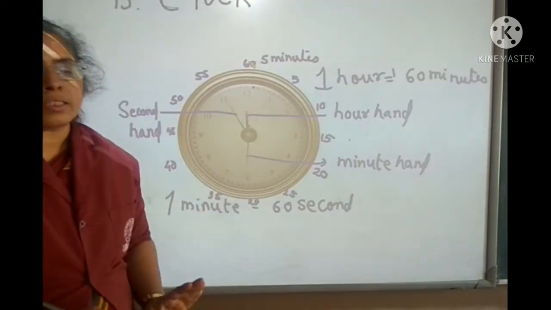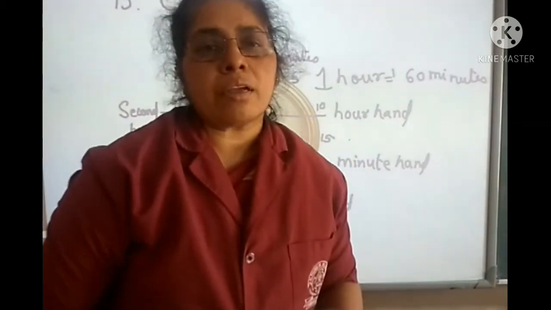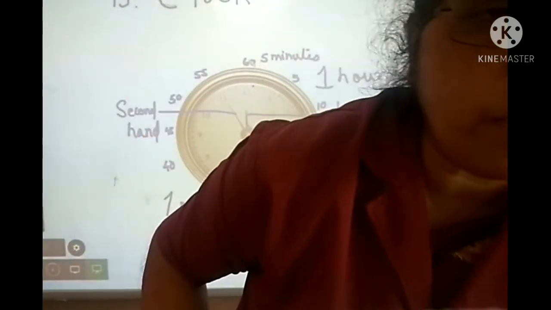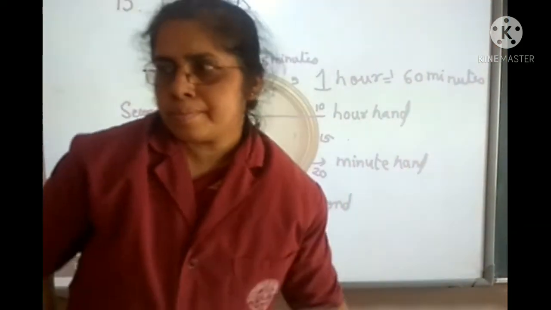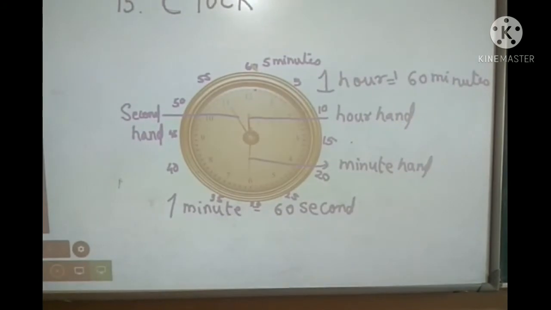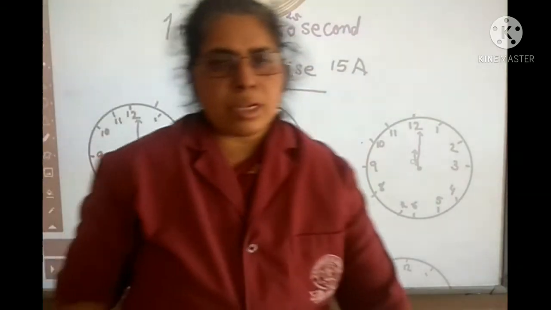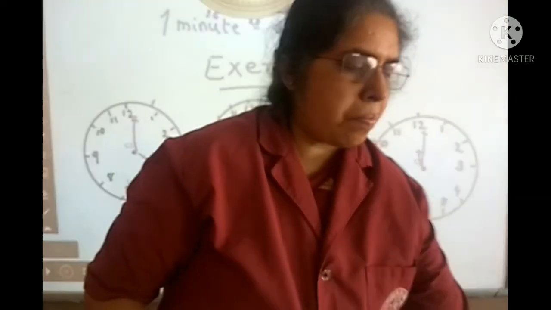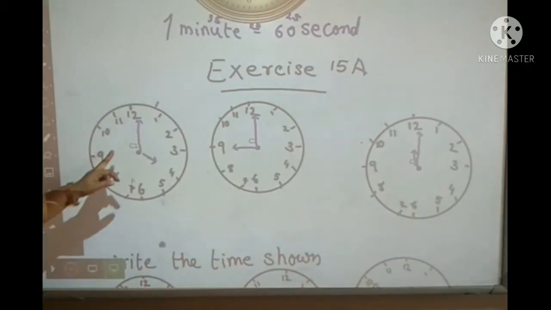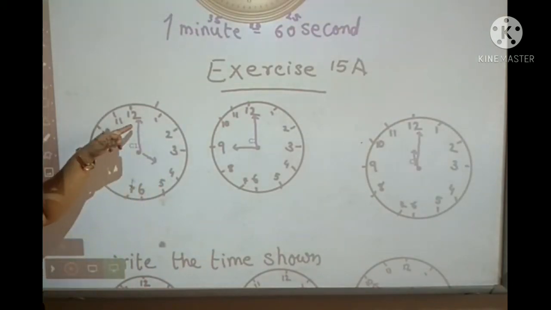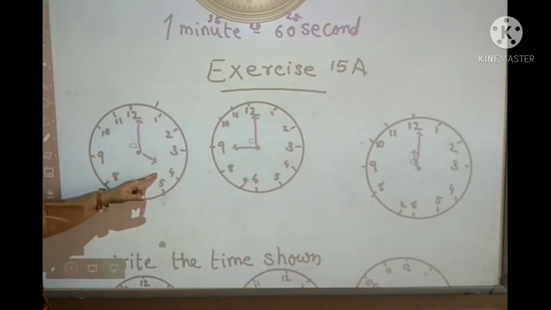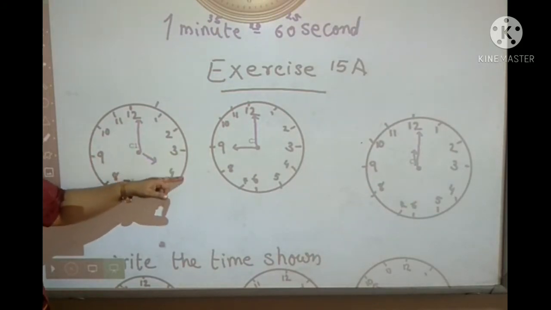Okay. Now we will pass to question 1 so that we can solve the problems. See this clock. The small hand is on 4 and the big hand, the minute hand, is on 12. What is the time? We have to see the time.